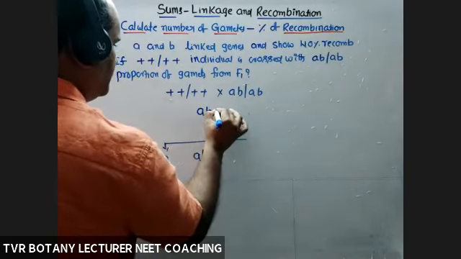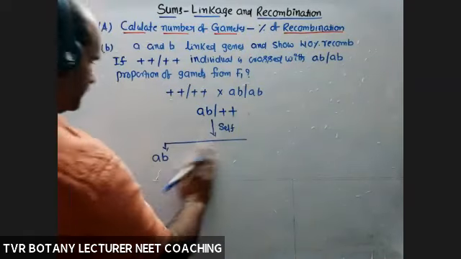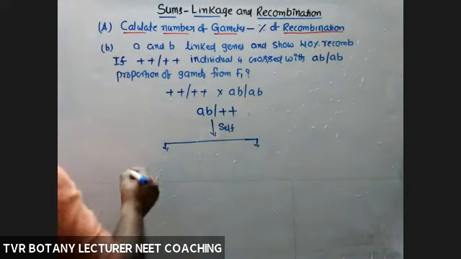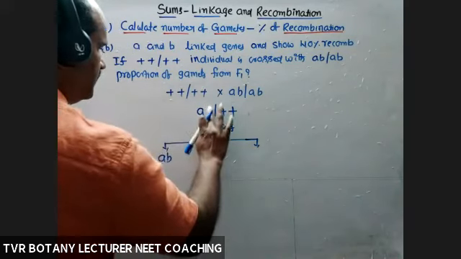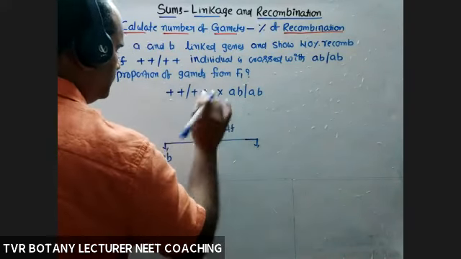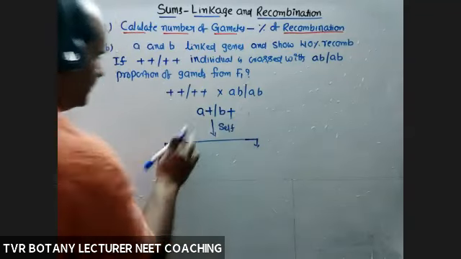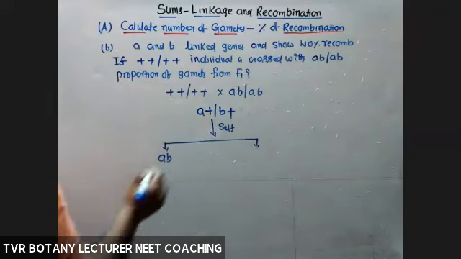Take like this: ab / plus plus. A plus B plus. So ab, one type of gamete.